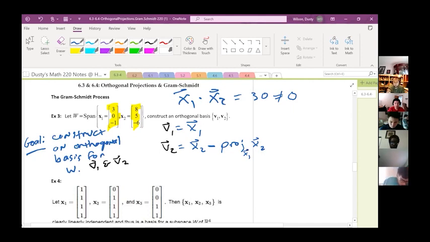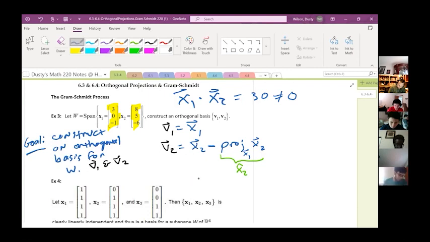That's kind of a funky way of writing things. We actually have another name for that in this class. What are we calling that? That is our x2 hat. Okay. So good news, we now have a formula for v2.